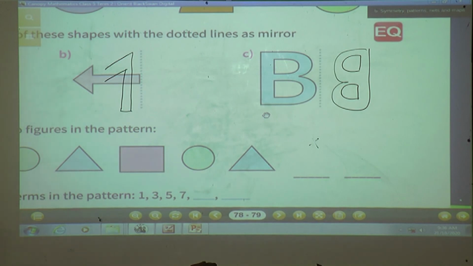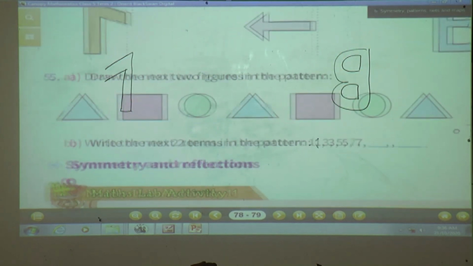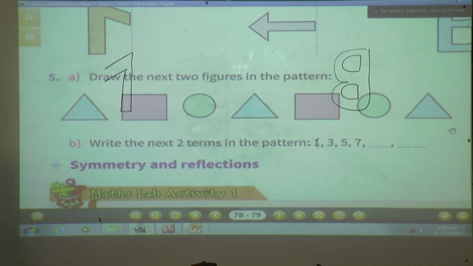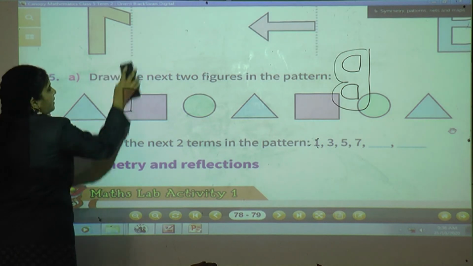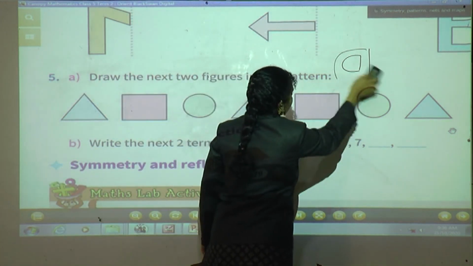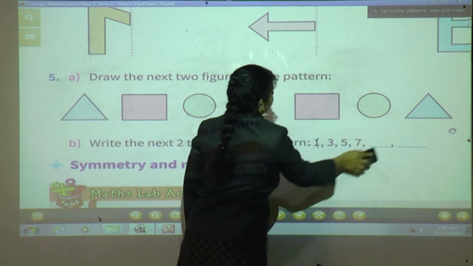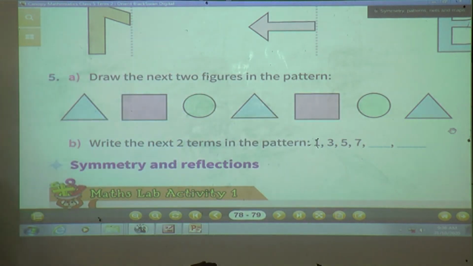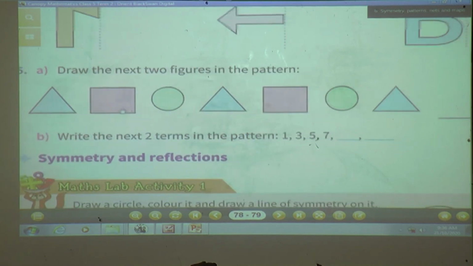Okay. Now fifth question. Draw the next two figures in the pattern. Now see, here they have given us one pattern.